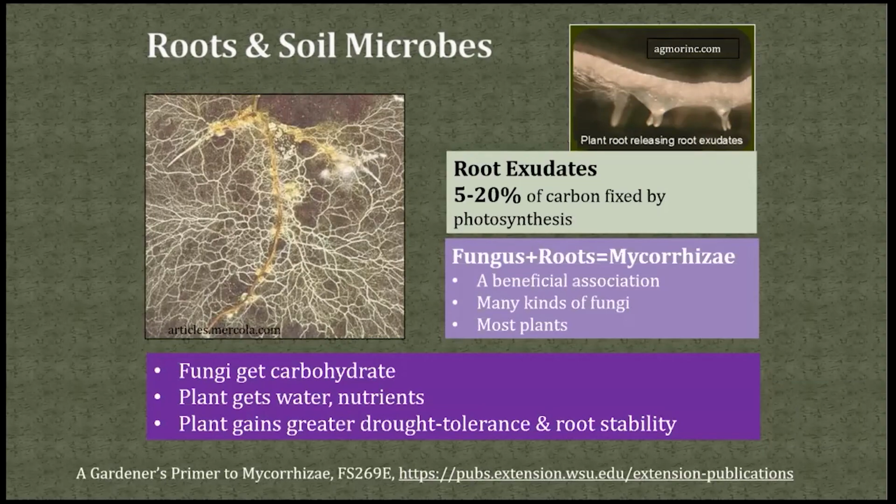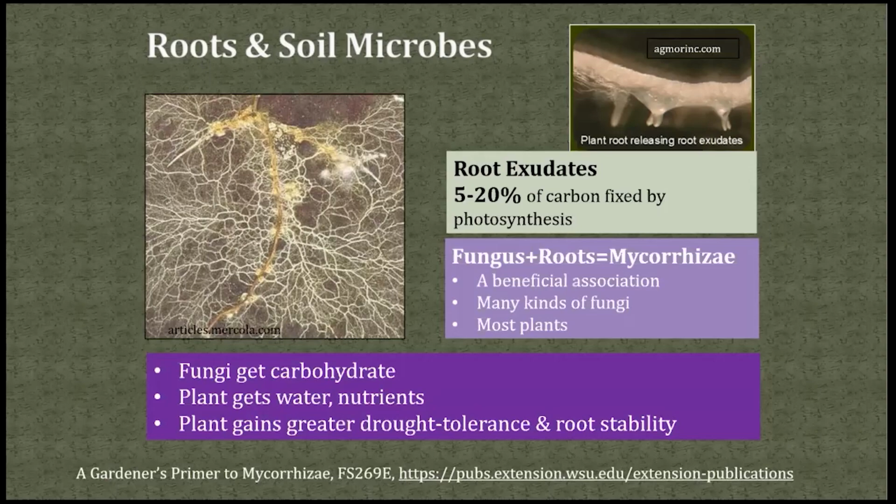One of the special associations between root and soil microbe fungi is called mycorrhizae. I know you're familiar with this word. You've heard it mentioned many times in recent years. In Greek, that word simply means fungus roots.